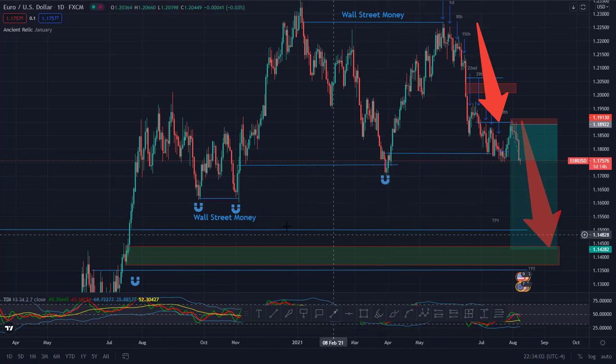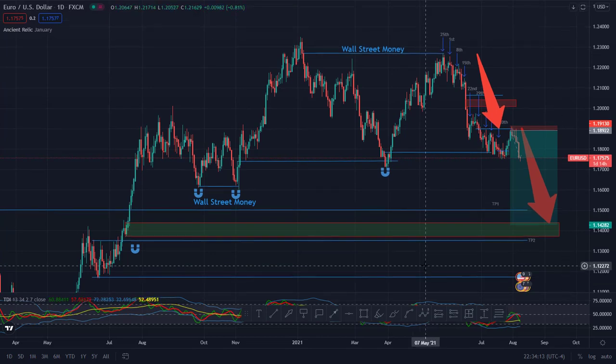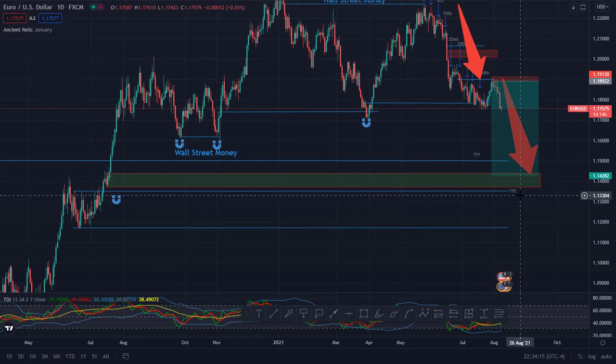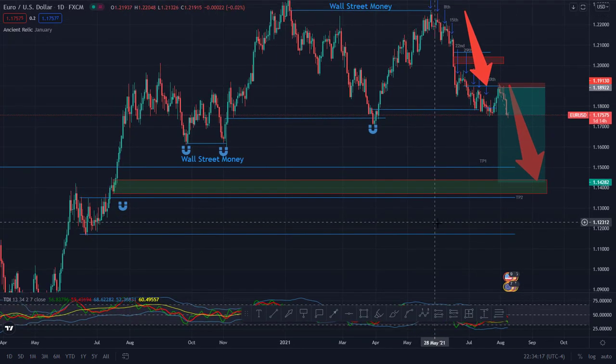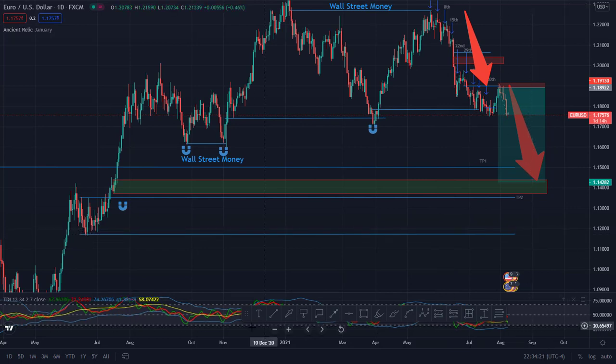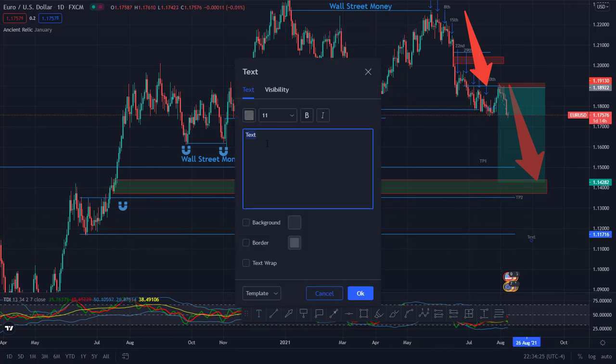And then for the all-time movement, we're expecting to take out this low. Remember, we are having all our TPs marked on, and then I will be expecting to see the market taking out this area, TP3.